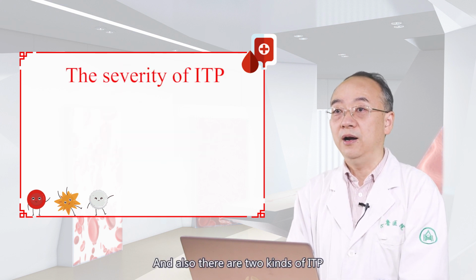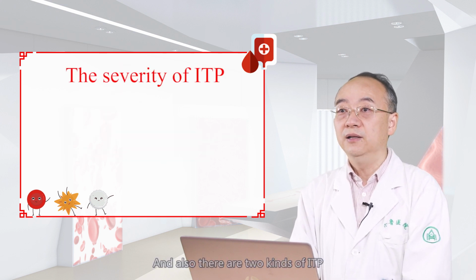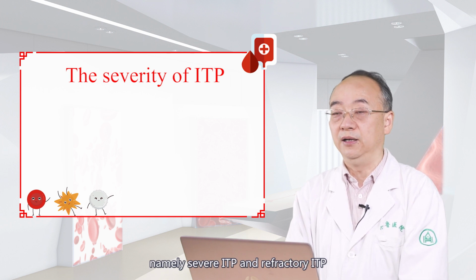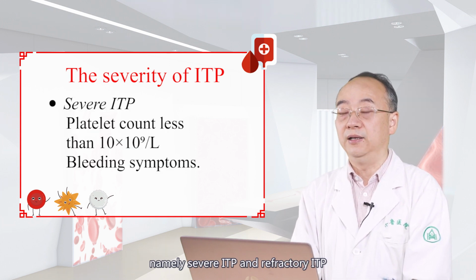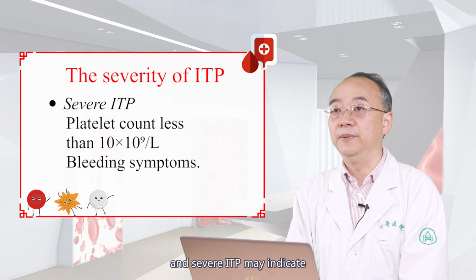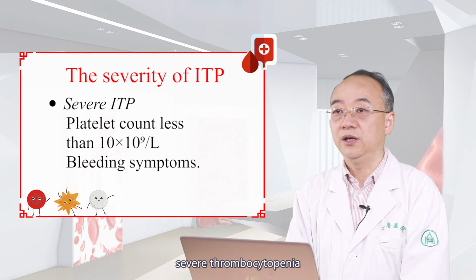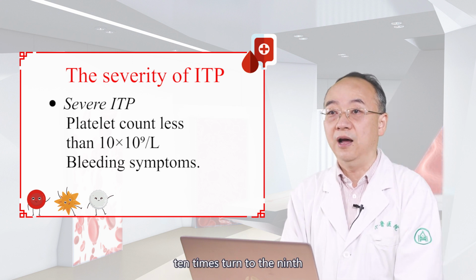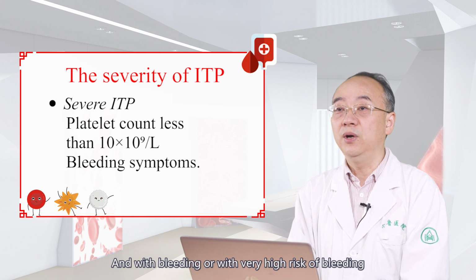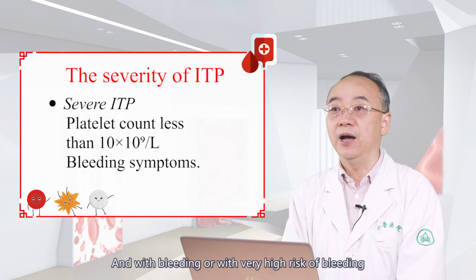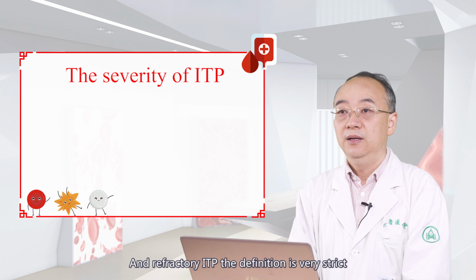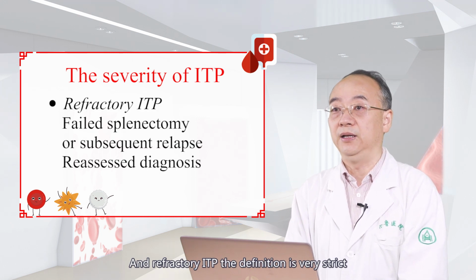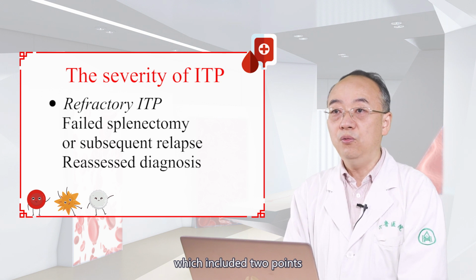Also, there are 2 kinds of ITP, namely severe ITP and refractory ITP. Severe ITP indicates severe thrombocytopenia with platelet count less than 10 times 10 to the 9th, with bleeding or with a very high risk of bleeding. And the definition of refractory ITP is very strict and includes 2 points.